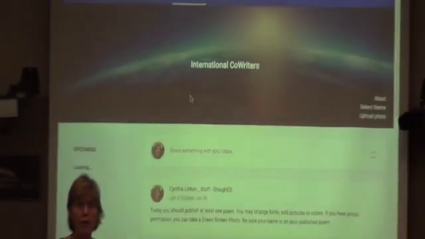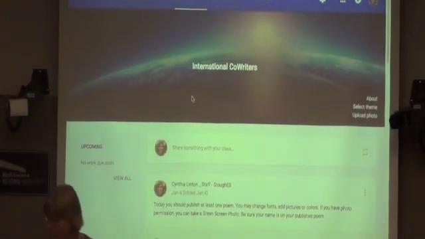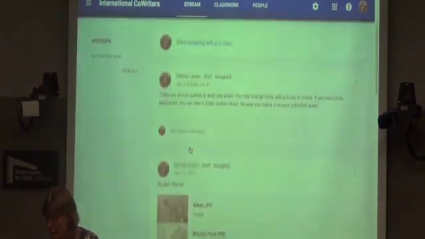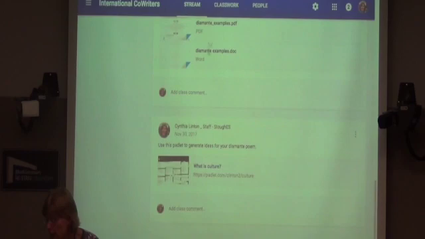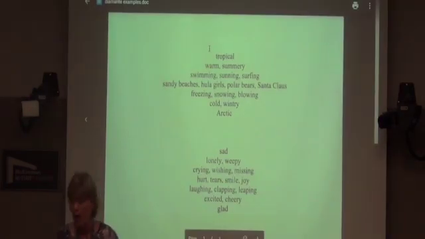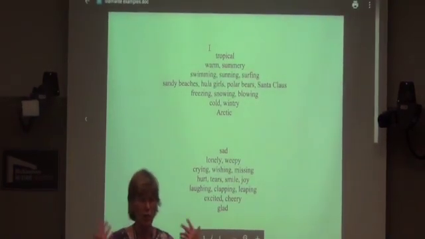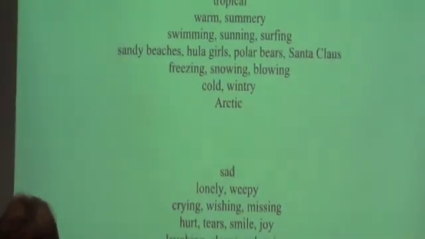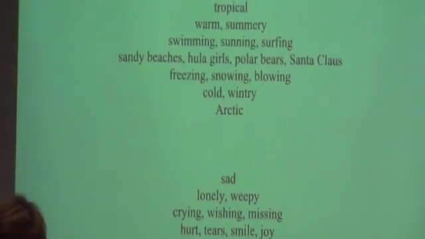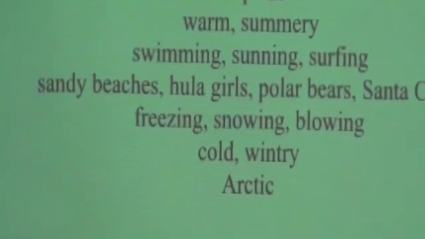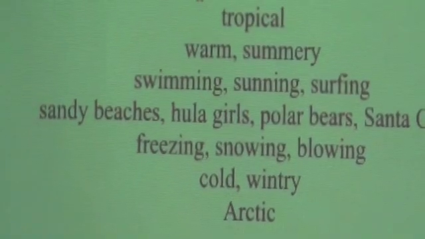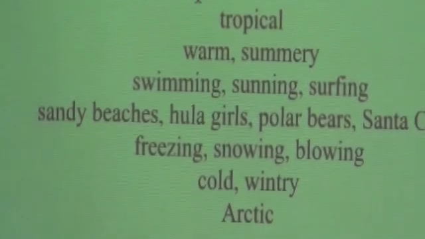Okay, something else I want to show you besides the writing frames are models. So we made a Google Classroom here for our elective, and we put models for things that are really difficult to imagine. Like, the Diamante poem is pretty abstract because you start off with one thing, and then in the middle of the poem it changes into something else, and at the bottom you end up with a different thing.